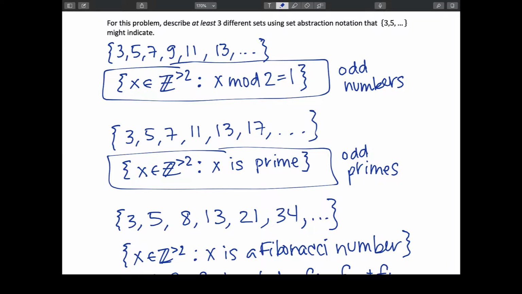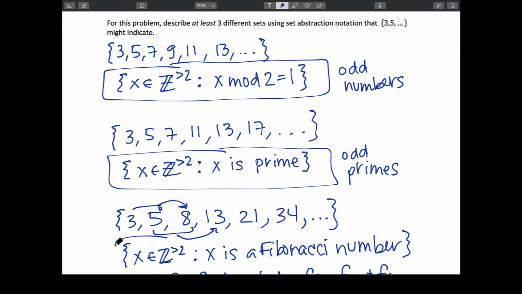It's the sum of the last two numbers. And so you can see that 8 is 3 plus 5, 13 is 5 plus 8, and so on and so forth. So you just keep adding the two numbers beforehand.